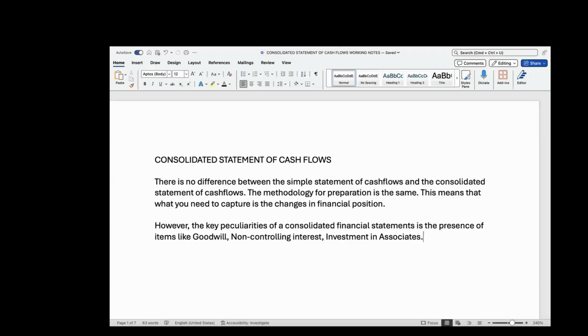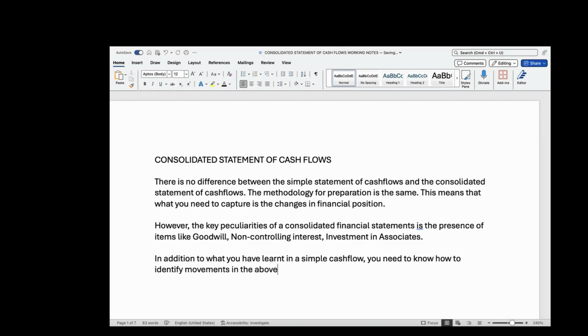So that means in addition to what you have learned in a simple cash flow by identifying movement in position, you need to know how to identify movements in the above items.